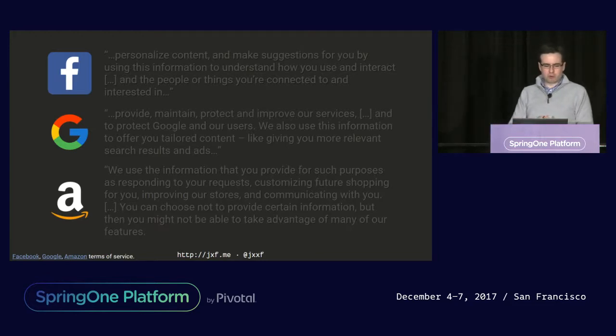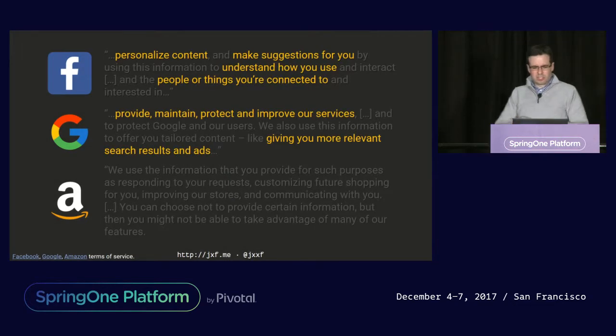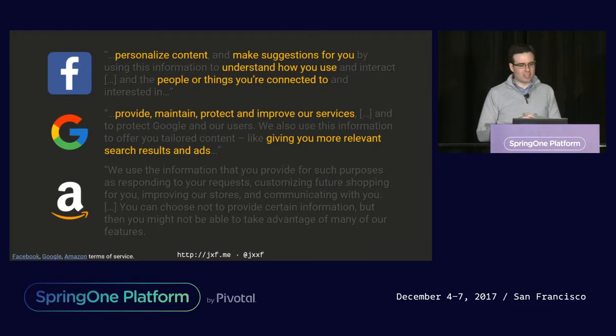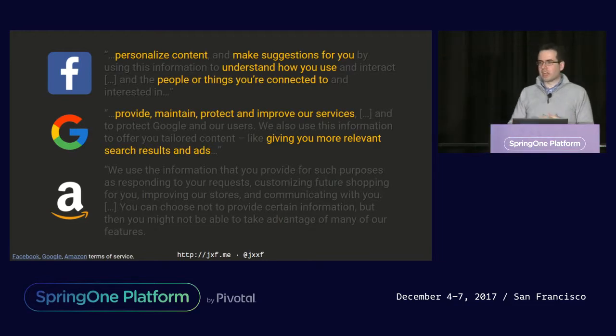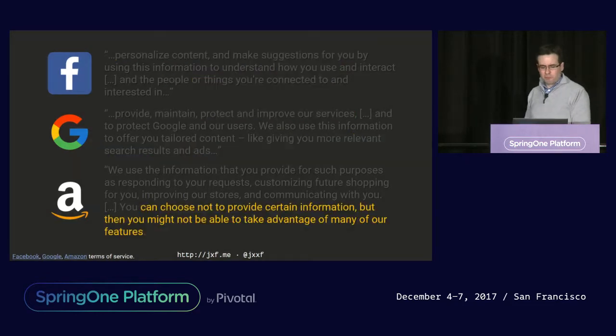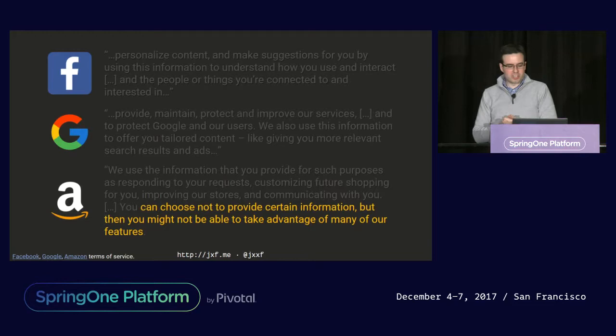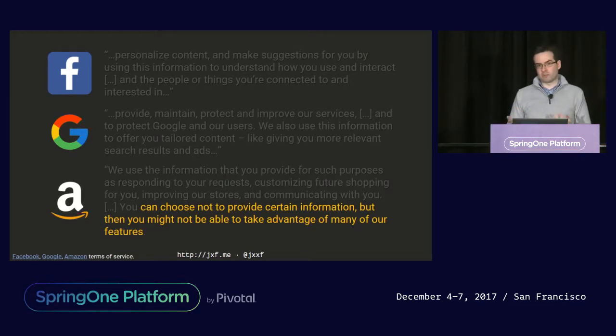So when you look at the terms of service for Facebook, Google, and Amazon, there are these really benevolent words like, we're going to personalize your content and help you connect to things or people, or maintain and improve the services in exchange for all the personal data you're giving us. And if you decide not to participate in the system, well, unfortunately, you may not be able to take advantage of many of the services that we have.